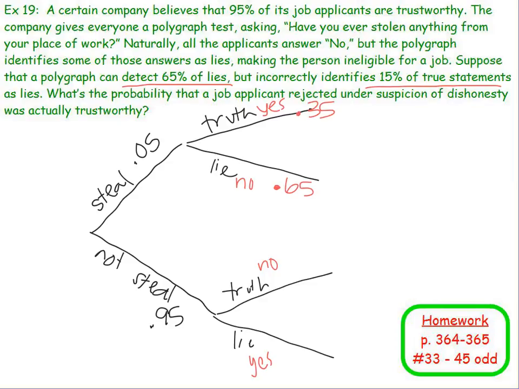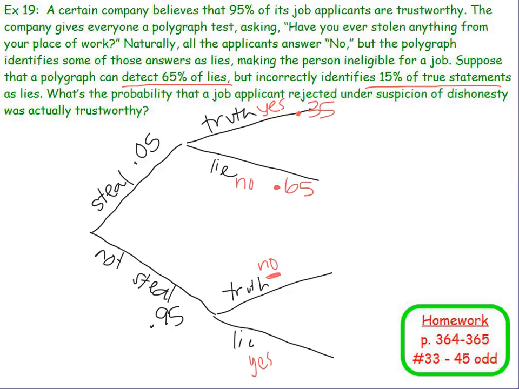If you did not steal and you lied, you said yes. But the problem was you didn't say yes. You only said no. So if you did not steal and you said no, you actually told the truth. But the machine incorrectly identifies 15% of the true statements. So we know that 15% of true statements are identified as lies.